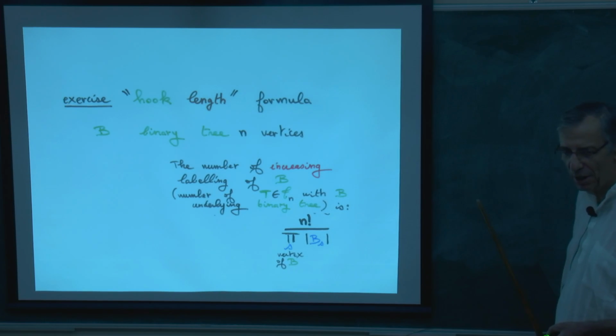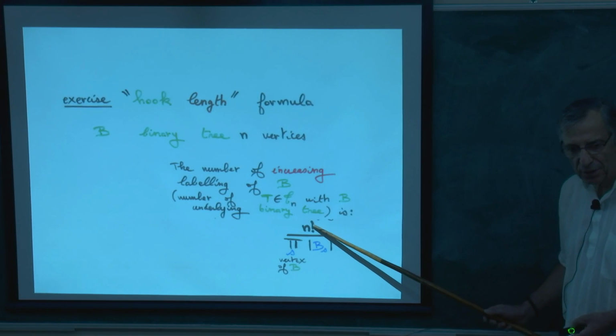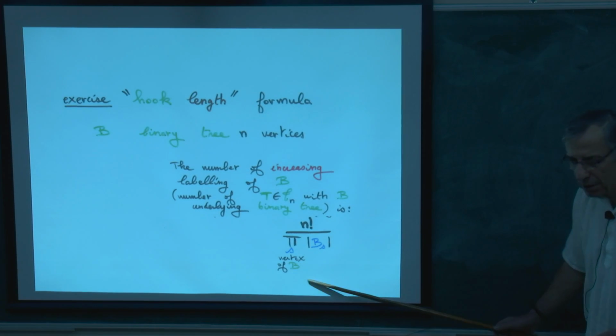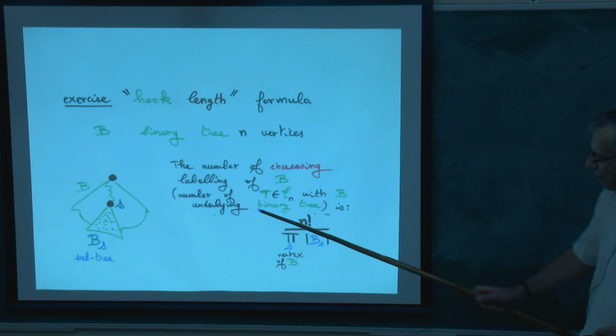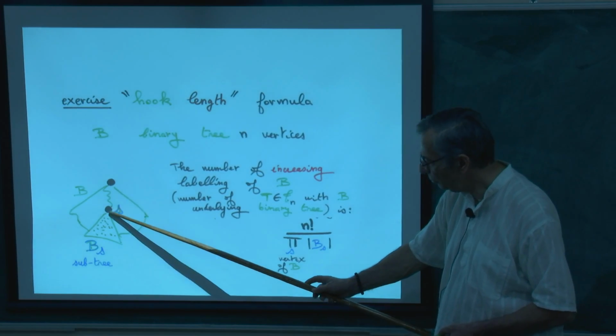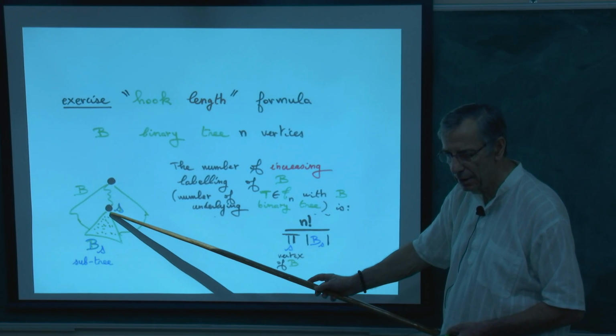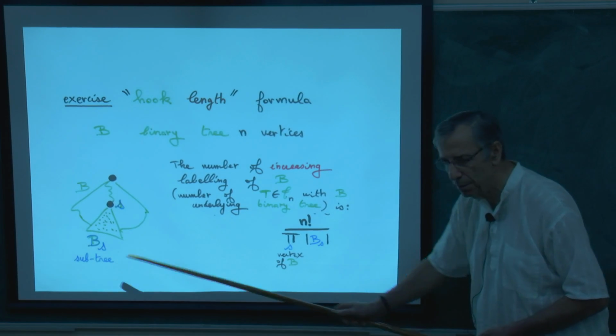It's like a hook length formula. The formula is n factorial divided by the product of the sizes of all subtrees. So you take a binary tree, take a vertex S, the subtree is B index S. Take the size of the subtree, the number of vertices of the subtree.